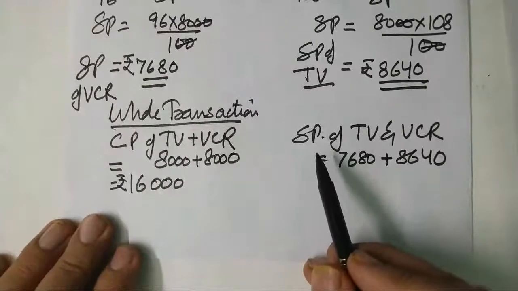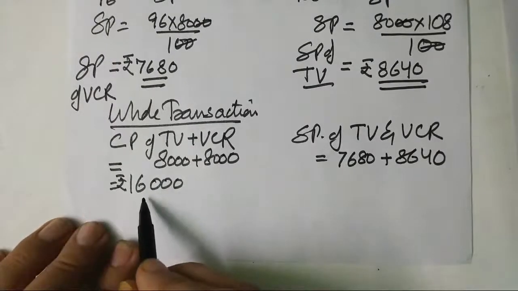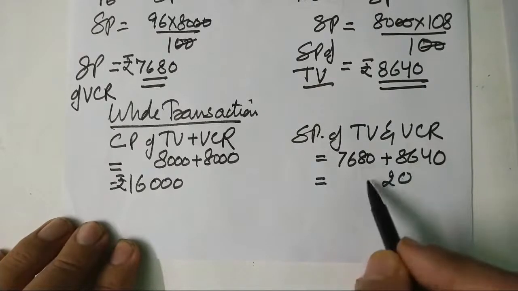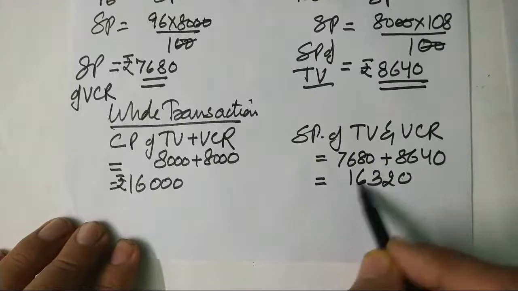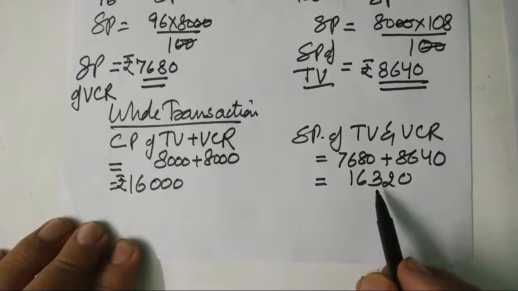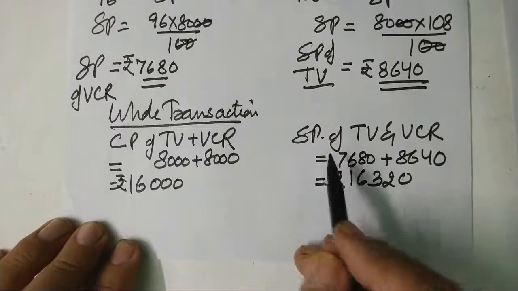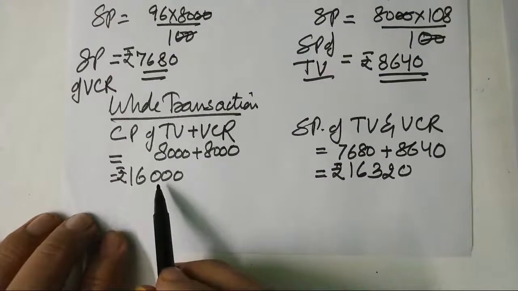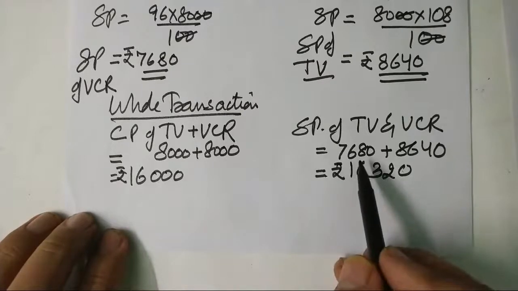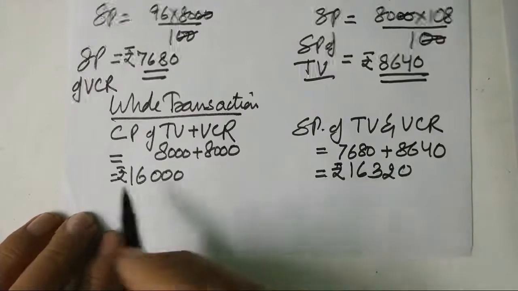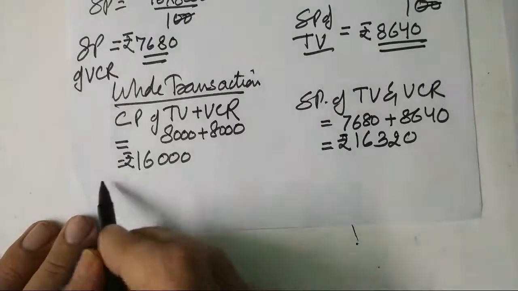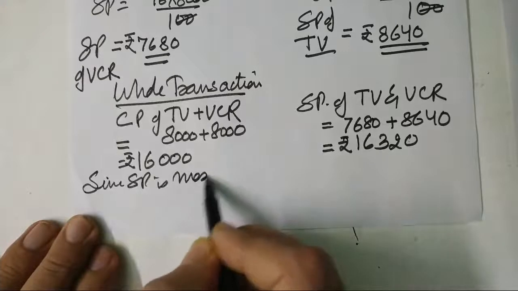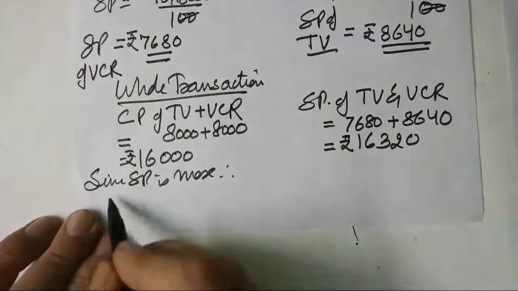The CP of both is coming 16,000, and when you add these, the selling price comes 16,320 and the CP is 16,000 only. Since the selling price is coming more than the CP, therefore there is a profit.